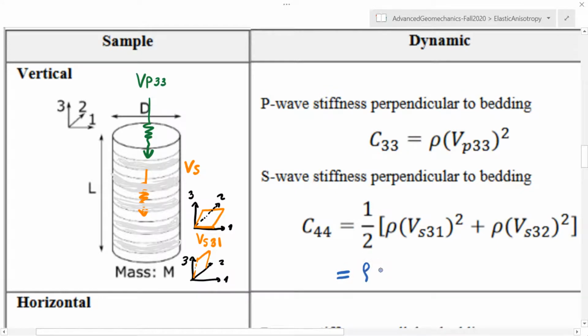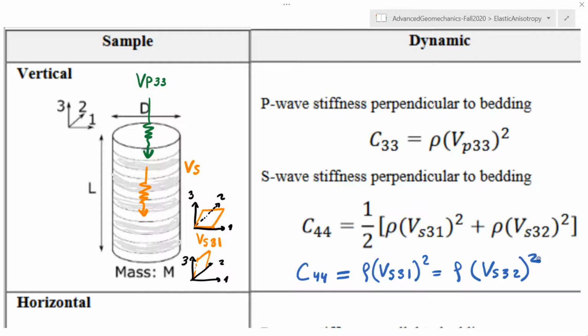So this is equal to the stiffness coefficient C44, which is the shear modulus, times VS 3,1 squared, which is equal to the other one in perpendicular direction. All right, so now we have two elements of the stiffness matrix, C33 and C44.